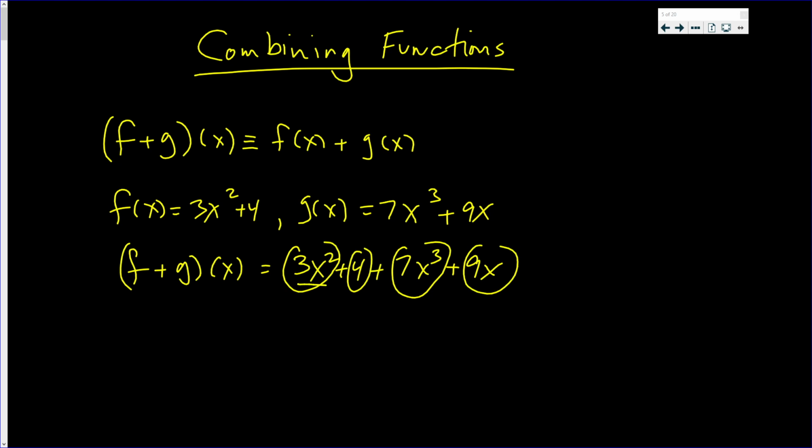If I ignore the number here, that term is an x squared. If I ignore the number, that's an x cubed. If I ignore the number, that's an x. And this is just a number. None of these are the same. They're all different. So that problem is done.